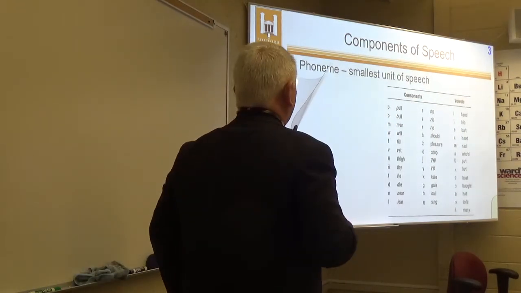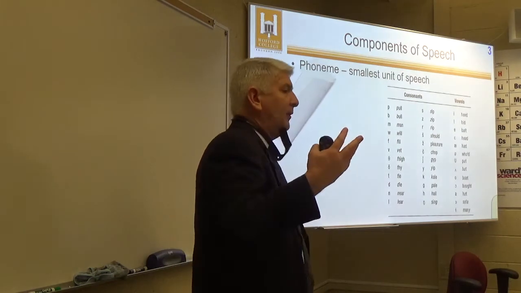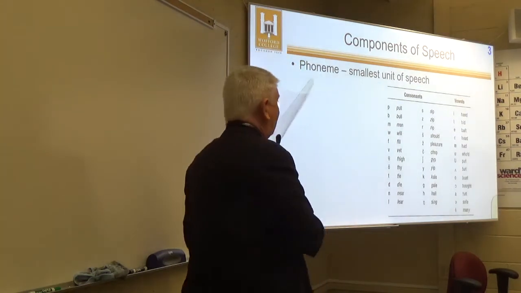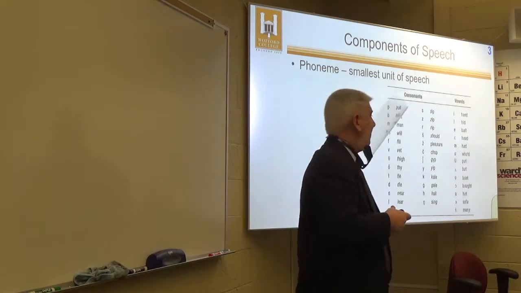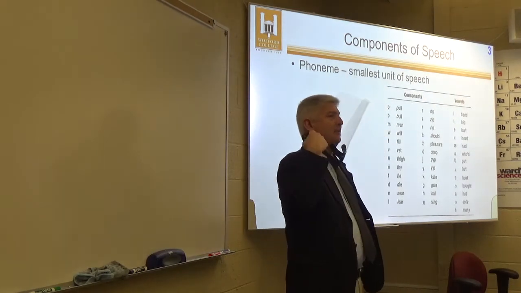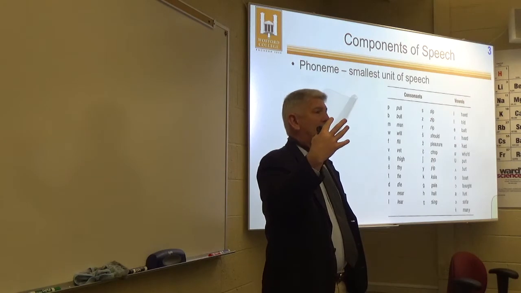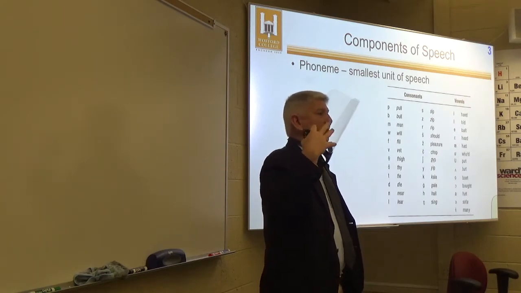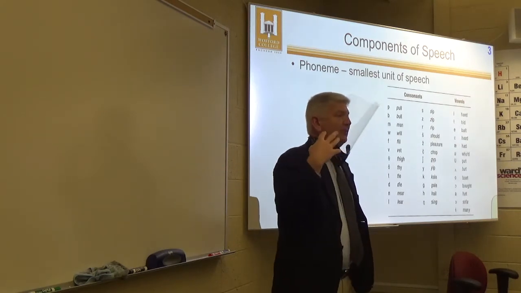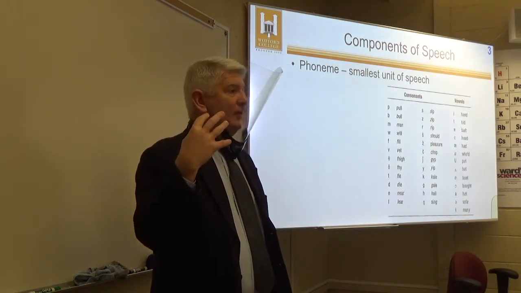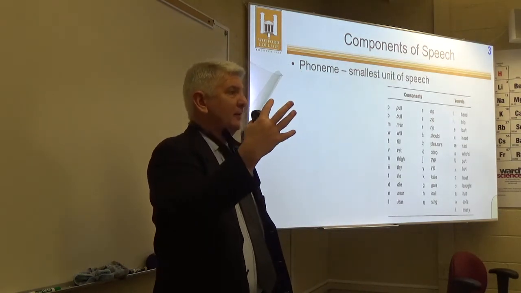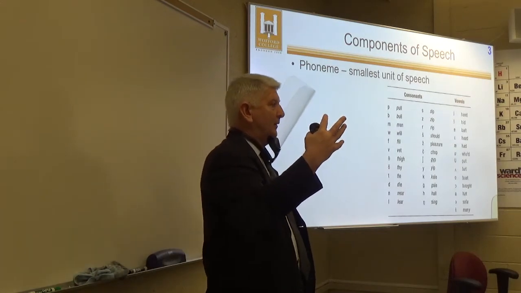So you have things like p or b, which are the first two consonants. And so everybody say p. Now say b. Now we're going to do that again, but pay attention to what your lips do. What do your lips do? How do you make those sounds? So puh, buh. Right?